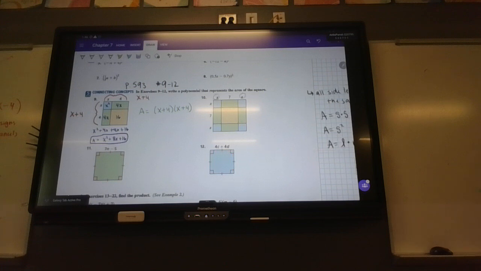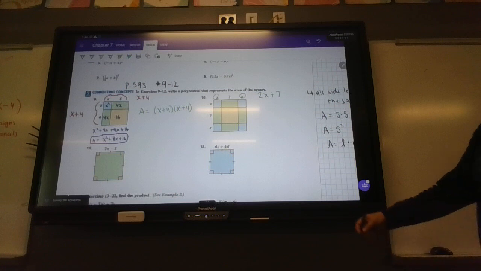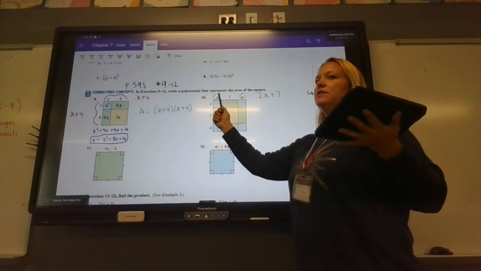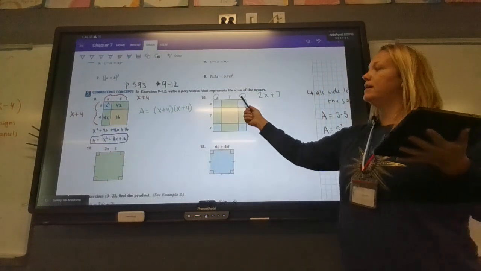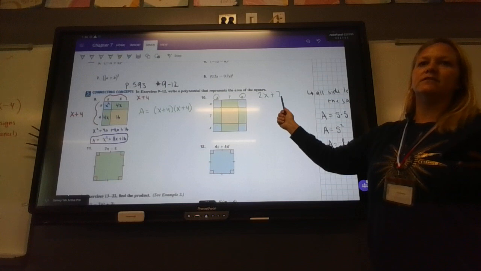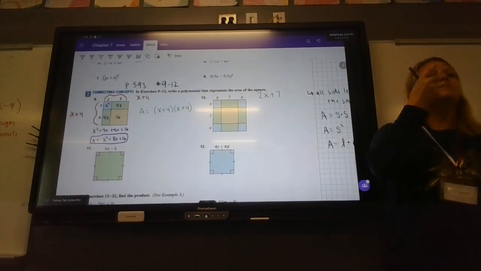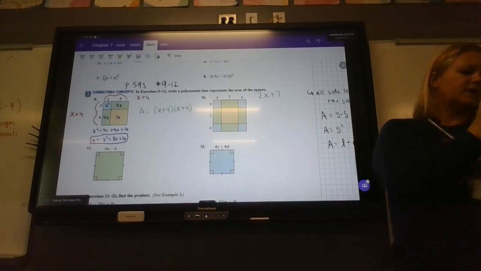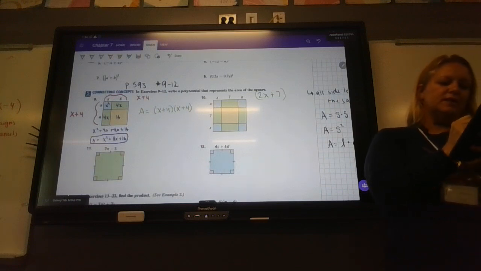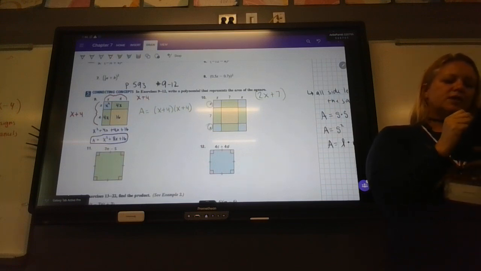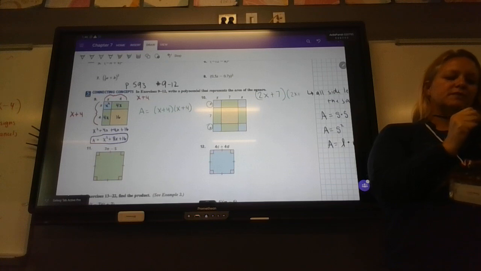Across the top it's not just x plus 7, it's 2x plus 7. Ava, you agree? Instead of just x plus 7, there are 2 x's, so I write 2x plus 7. Over here is also 2x plus 7.